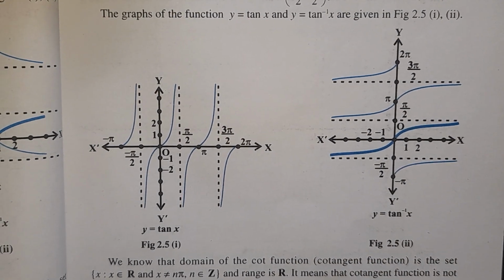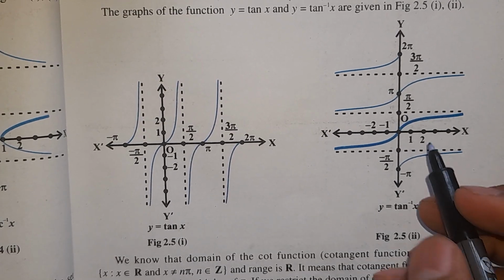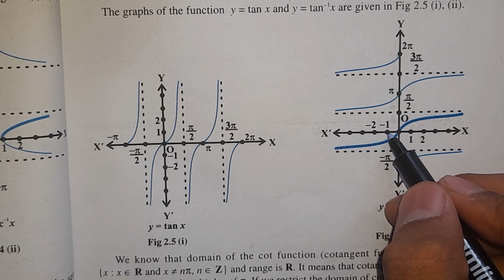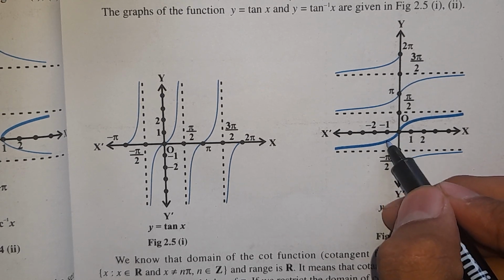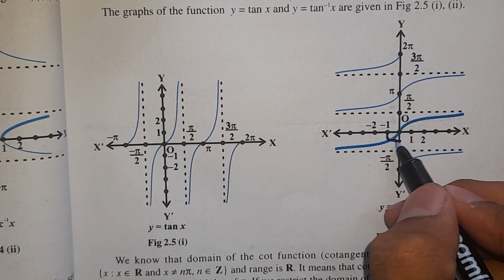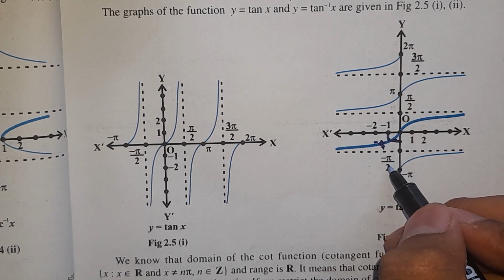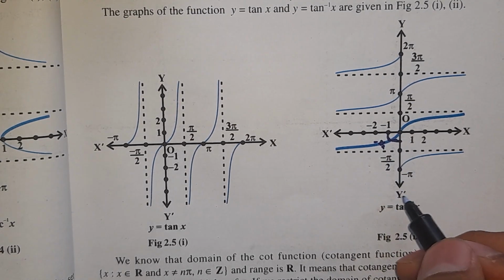Sorry, tan inverse of -1 will be minus pi by 4, because -1 is here and it is touching here, so it will be minus pi by 4. Here it is minus pi by 2 and it goes up to infinity.